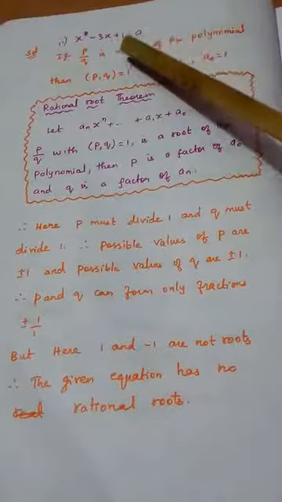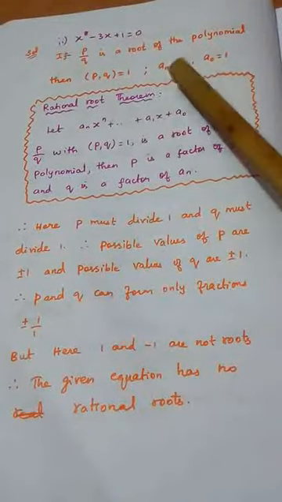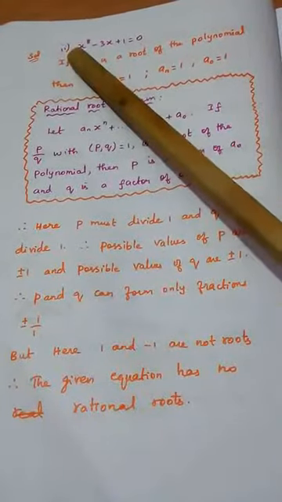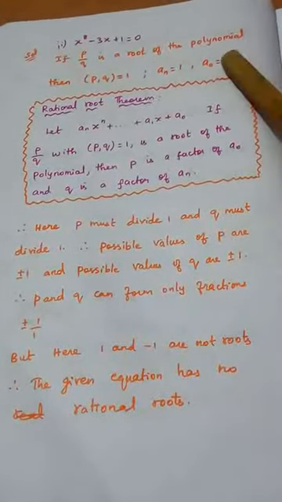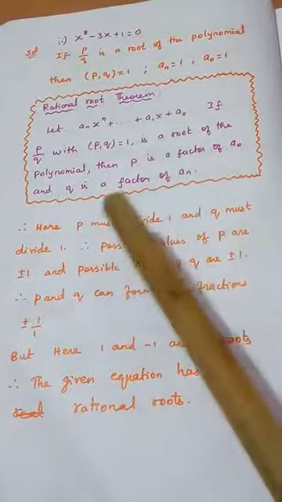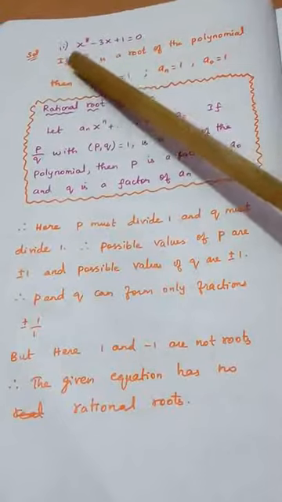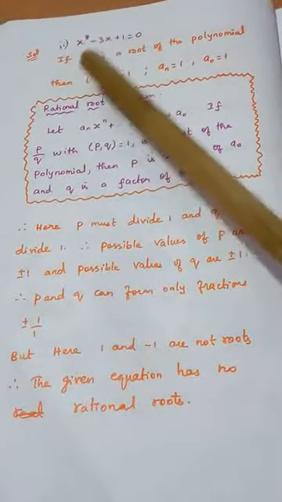So for this sum, I am going to apply this theorem. Now see, what is an here? The first coefficient, right? 1. What is a0? The last coefficient, that is also equal to 1. So here p must divide 1. If at all any root is of the form p by q, this p should divide a0, q should divide an.